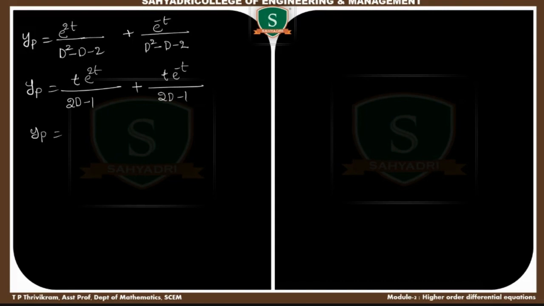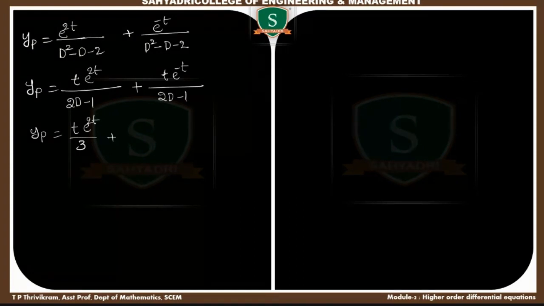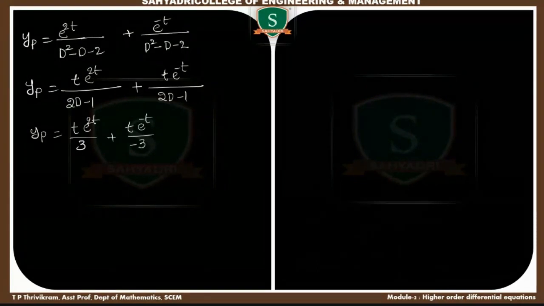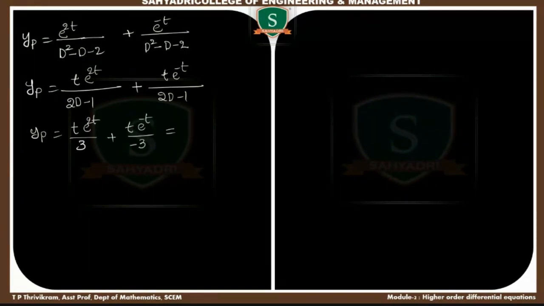So yp is equal to t into e power 2t divided by, substituting 2 in place of d, 4 minus 1, it is 3, plus t e power minus t divided by, substituting minus 1, you will get minus 3. Therefore, take 3 as the LCM and t common: e power 2t minus e power minus t.